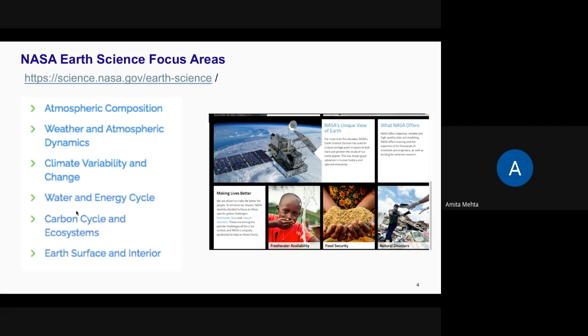For all these focus areas, missions are planned so that appropriate parameters can be observed from space, and then they are used for understanding the climate system. Recently, the focus again is on freshwater availability, on food security, and also on natural disasters. These are some of the theme areas that NASA is focusing on currently for applications.